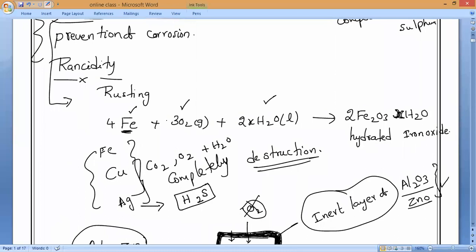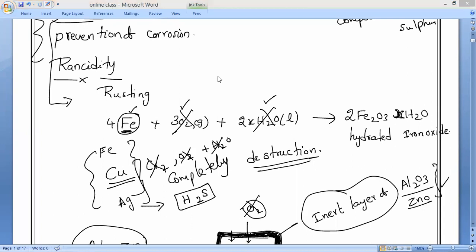So if I want to prevent iron from rusting, I can cut the supply of oxygen and water, and automatically corrosion won't take place. If I want to save copper, I stop the carbon dioxide, oxygen or water vapor, and the corrosion won't take place further. That is what you have to remember.